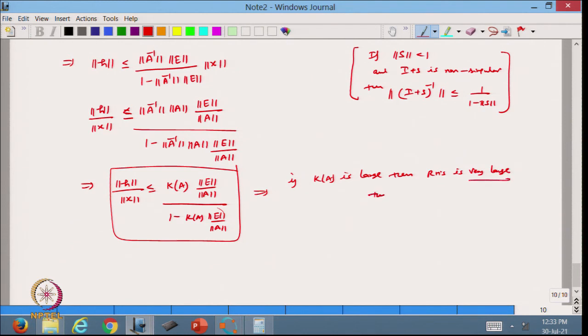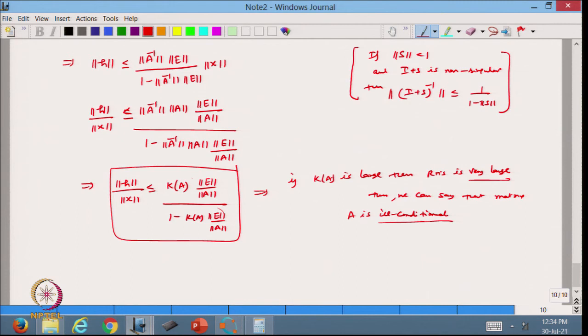Then we can say that matrix A is ill conditioned, and the system is also ill conditioned.